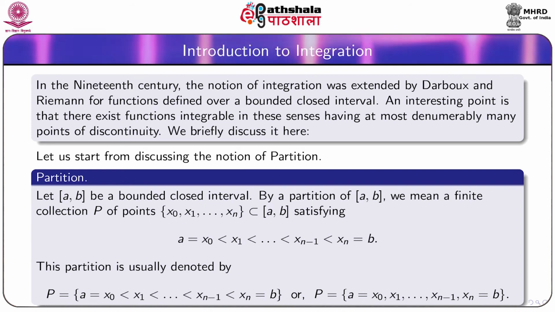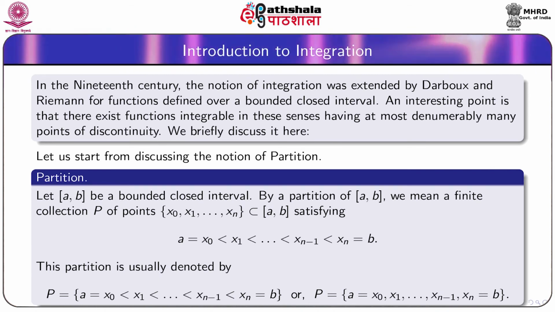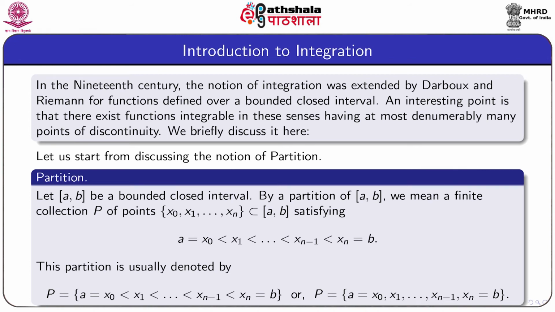We denote this partition by P equal to {a equal to x0 less than x1 less than ... less than xn minus 1 less than xn equal to b}, or simply by P equal to {a equal to x0, x1, ..., xn minus 1, xn equal to b}.